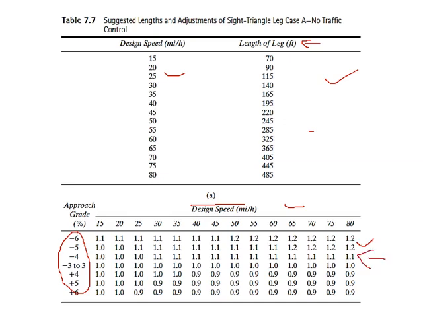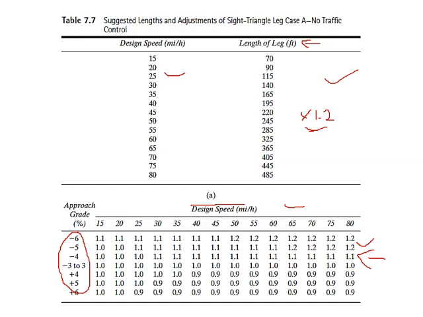If the adjustment factor is 1, then this distance will be multiplied by 1. If the adjustment factor is 1.2, then this distance will be multiplied by 1.2. So take the distance from the first table, take the adjustment factor from the second table, and multiply both of them. That will give you the final value of DA or DB.